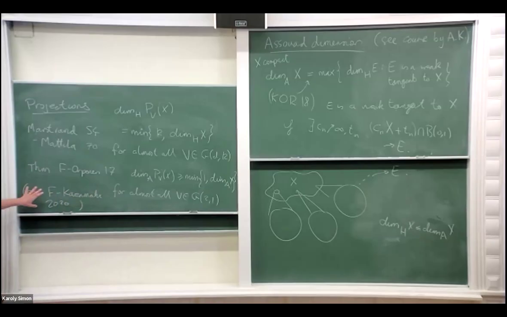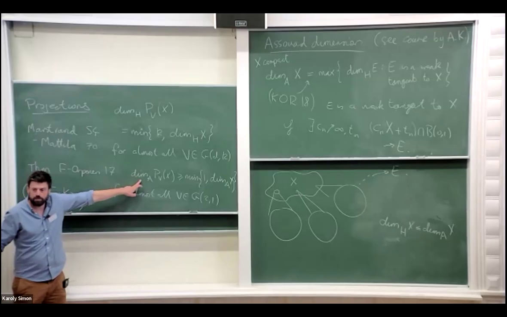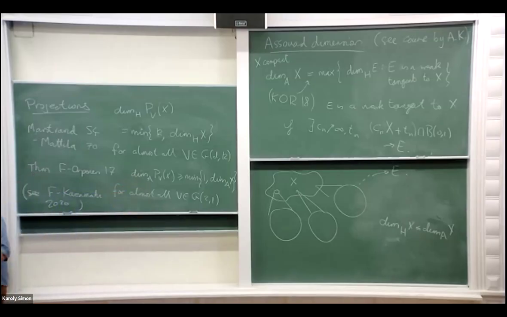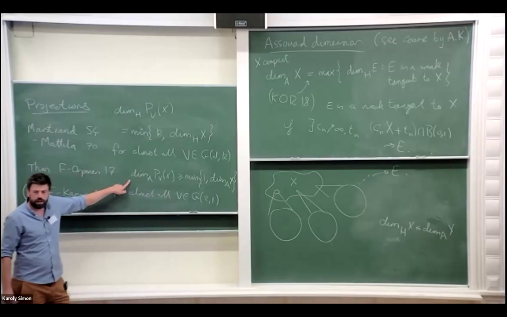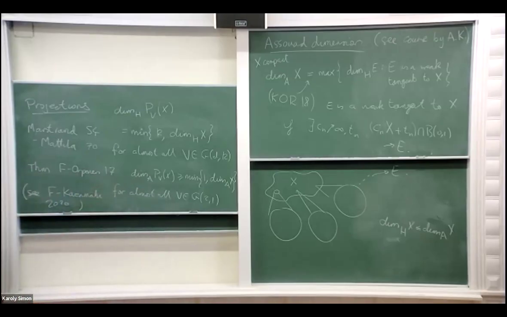So here we just construct examples where this has unbelievably bad behavior. So for example, it's even true that you can construct a set X in the plane such that this function takes a different value for every V. Think about that for a second. That's really far from a Marstrand type phenomenon.